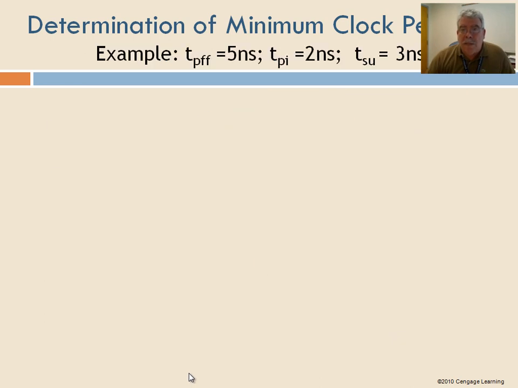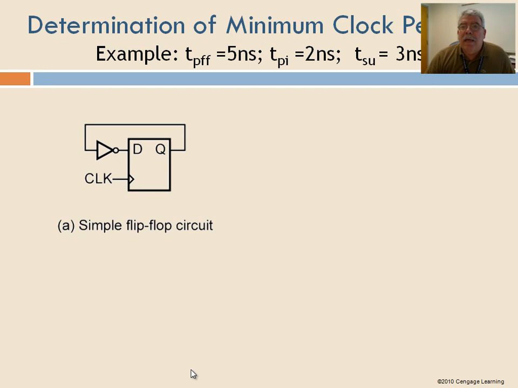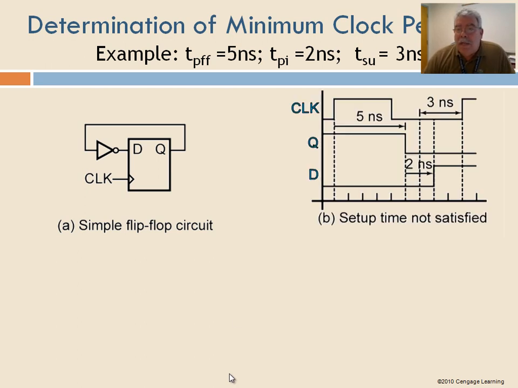And then we want to see some examples in which we're using different clock times. Okay, the first one is one in which clearly we have 5 nanoseconds. This is the propagation time: after the clock changes from 0 to 1, that's all the time it takes the flip-flop to change from 1 to 0.